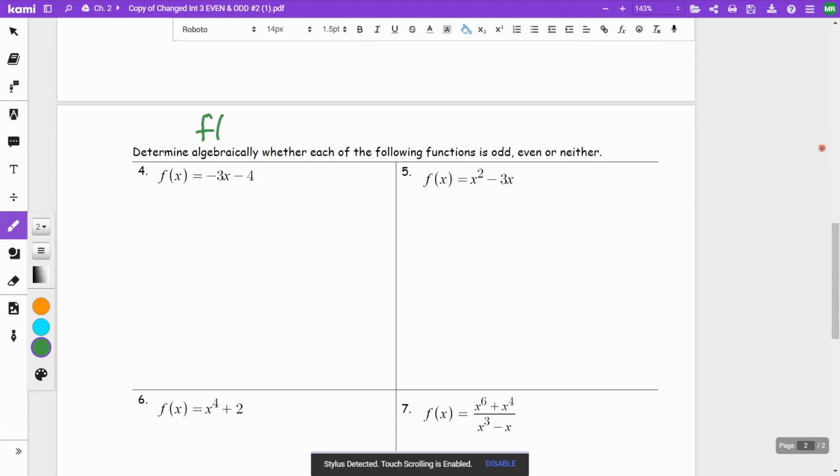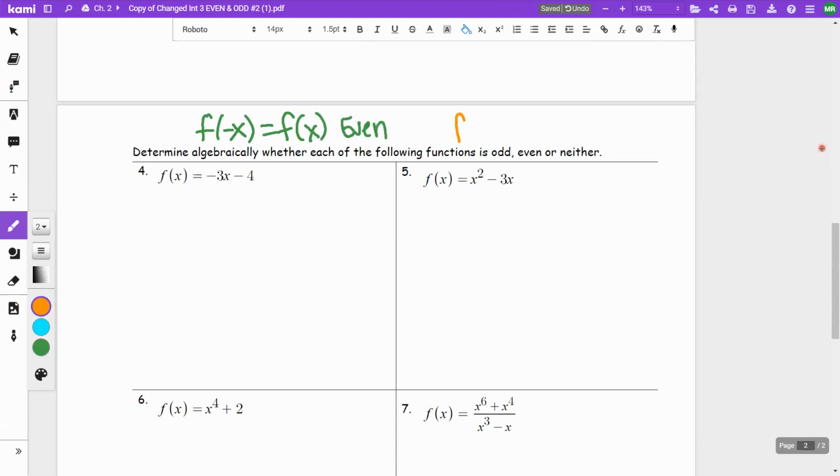If I put in a negative x and I get out the same as f of x, that means it's even. If I put in a negative x and I get the opposite of f of x, that means it's odd. If neither happens, then it's neither.